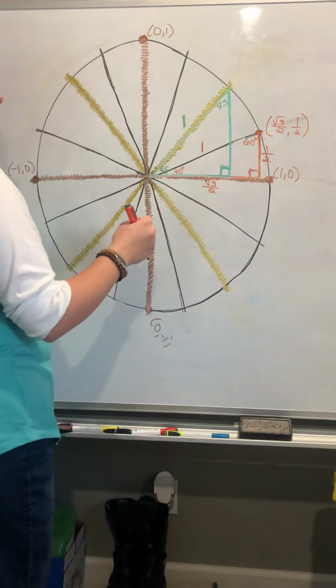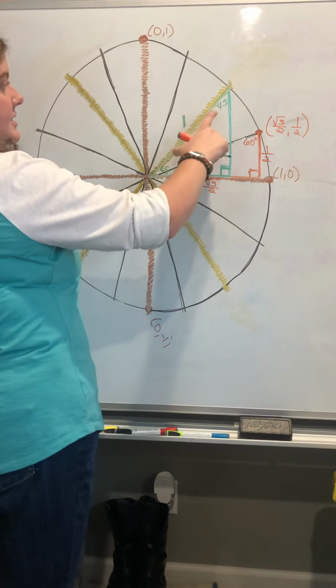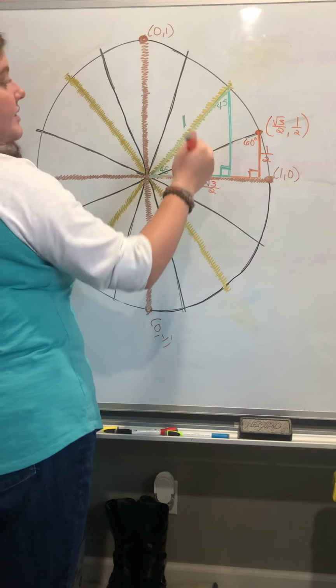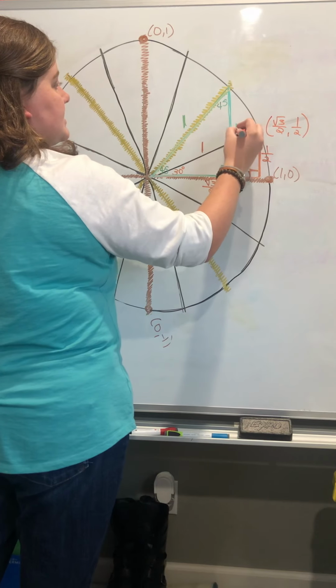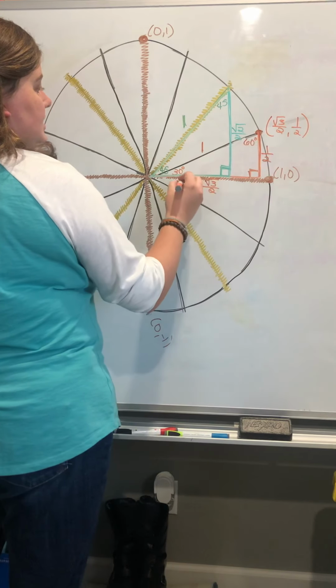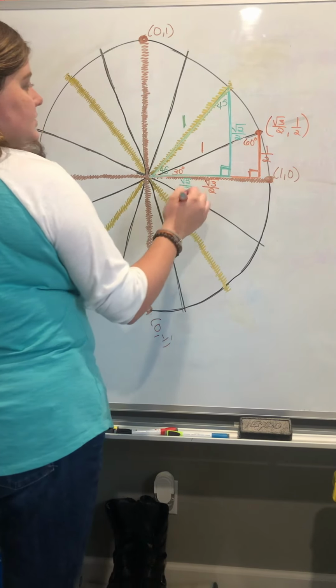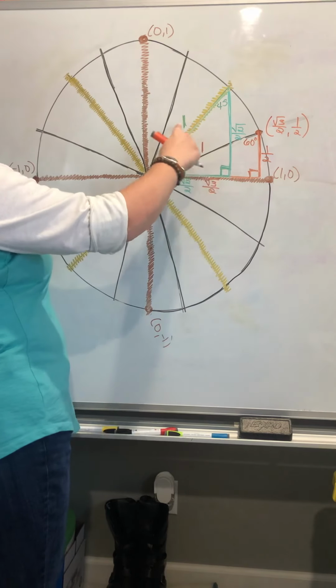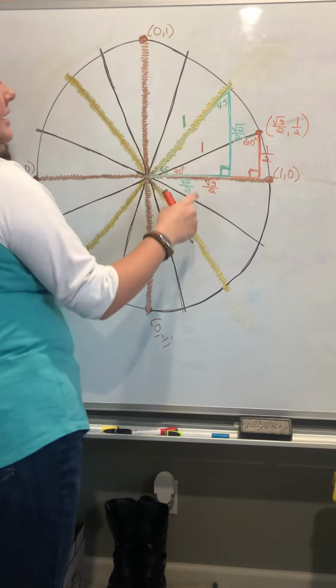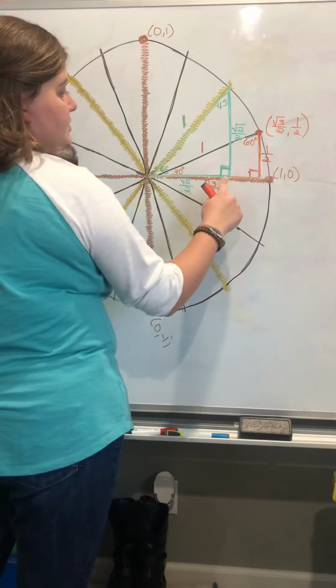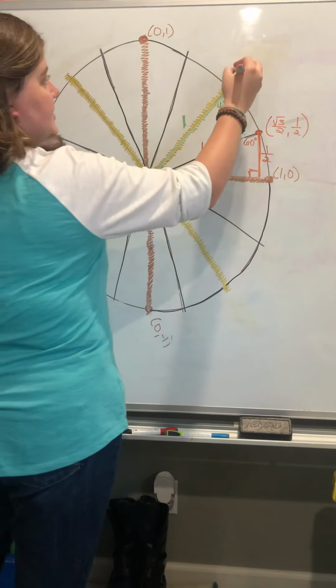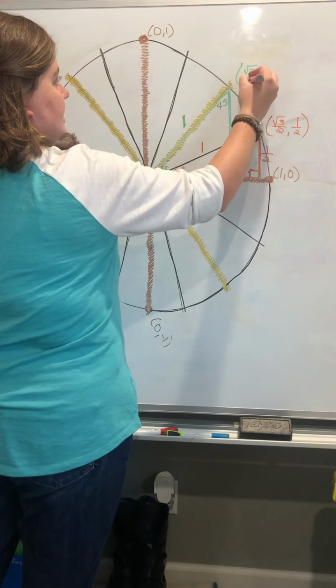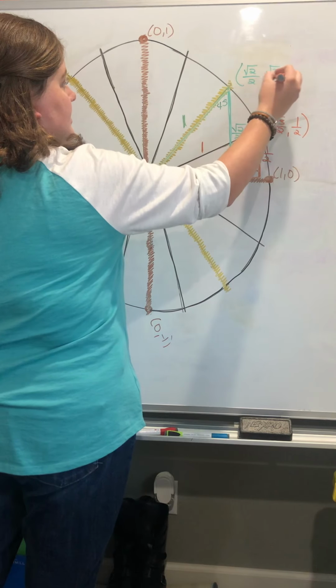With special right triangles like this that are isosceles, with both of these being 45, this is the square root of 2 over 2, and this is the square root of 2 over 2, for the Pythagorean theorem to work out, and you get 1 for the hypotenuse. So you went over square root 2 over 2, up square root 2 over 2. That is where those numbers come from.